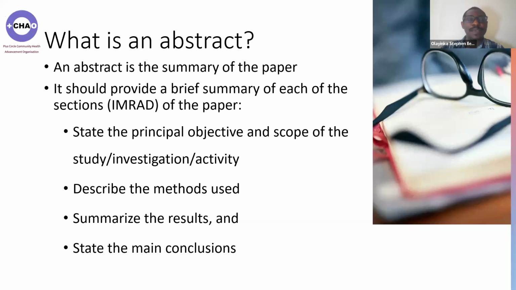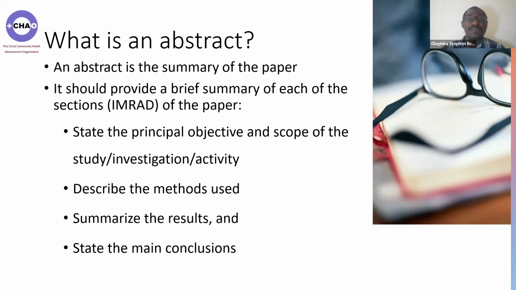And it states the principal objective and scope of the study or the investigation or the activity. I call it study because some may be in the form of a study and some might just be in the form of investigation or activities that you have carried out. Now, it also describes the methods that have been used or the pattern or description of what was done.